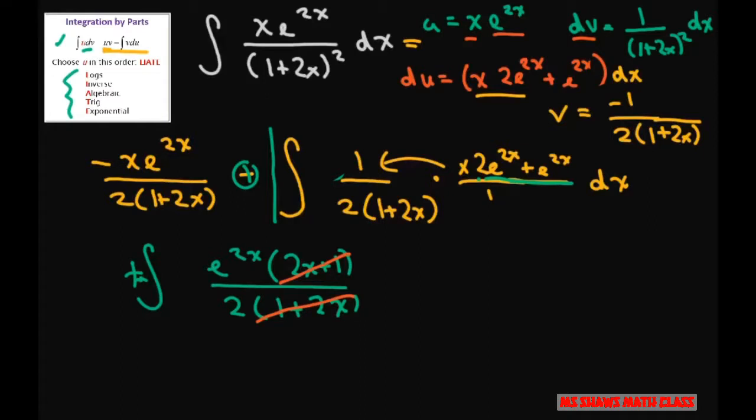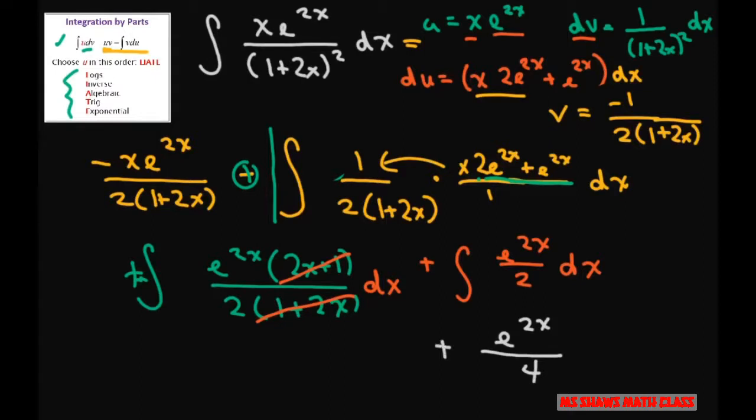So basically what we have is this is going to be plus the integral of e to the 2x divided by 2 dx. Now, when you take the antiderivative of that, you're just going to get e to the 2x divided by 4, because if you take the derivative of that, you want to get back to that.